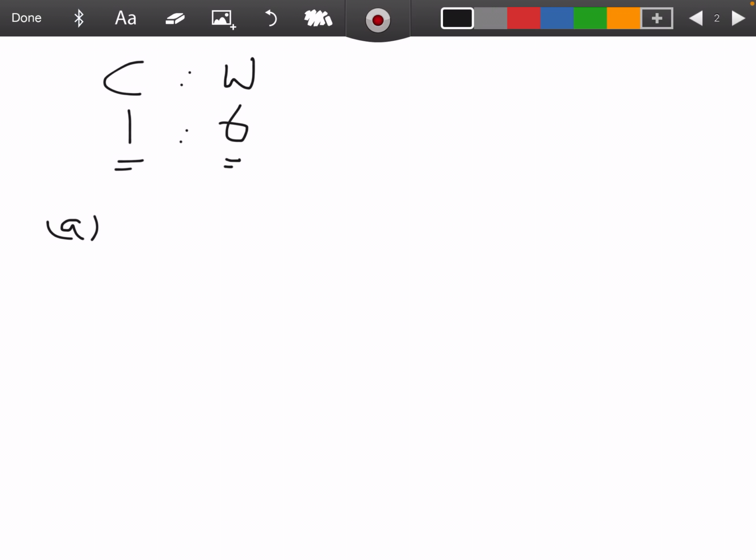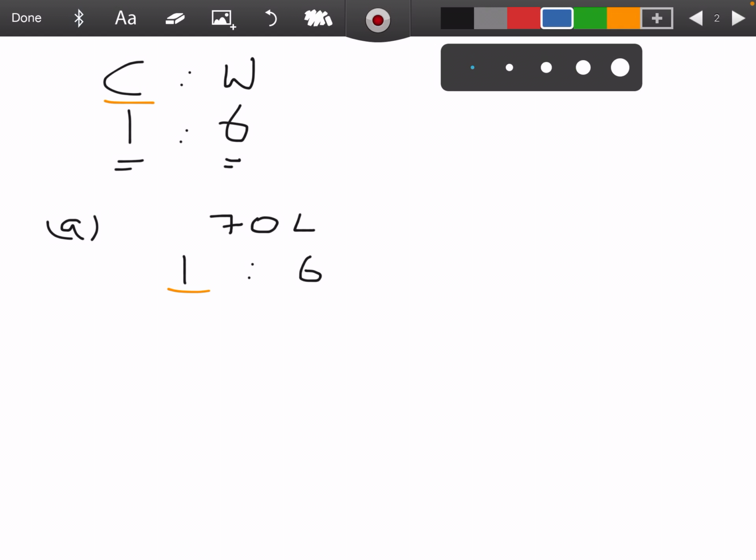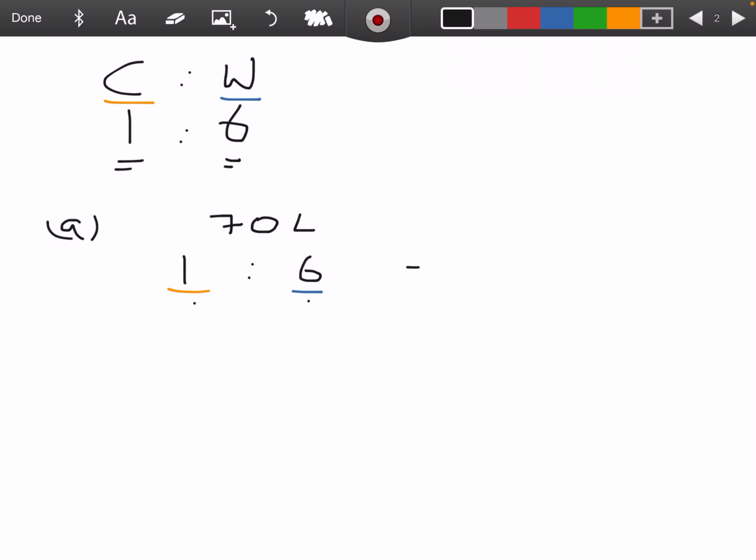So if we make up 70 litres and it's in the ratio 1 is to 6, concentrate to water, the first thing to do is figure out how many parts there are overall. I add 1 and 6 together and that will give me 7 parts, or 7 shares, whatever you want to say.